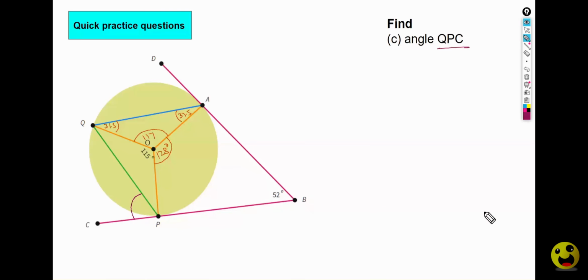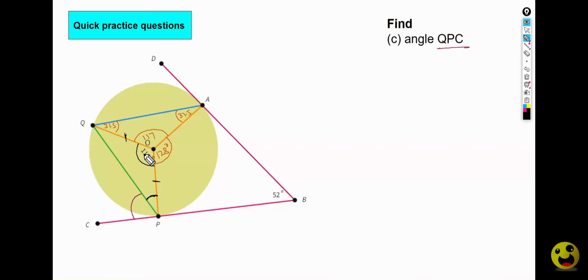All right. Now, how are you going to do this? This one should be easy. You all notice there's another isosceles triangle here, from Q to P to O. This here is another isosceles triangle because this radius is equal to this radius, okay? So if here's 115 degrees, it's real easy to find this angle here.